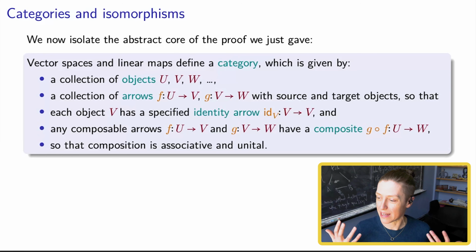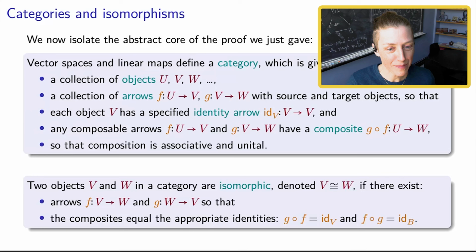So that's the general setting within which this argument took place. And the statement referred to a general categorical notion called isomorphism. So two objects in a category, so V and W, for instance, in the category of vector spaces, are called isomorphic if there exist arrows in each direction, an arrow F from V to W and an arrow G from W to V, so that their composites are equal to the identities.